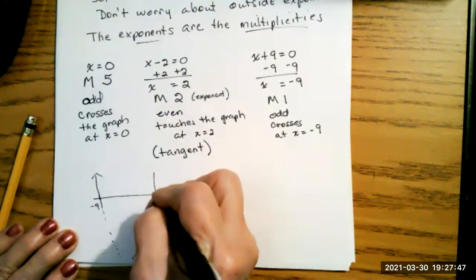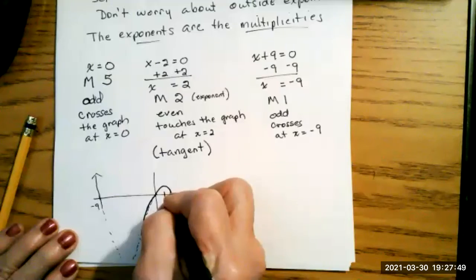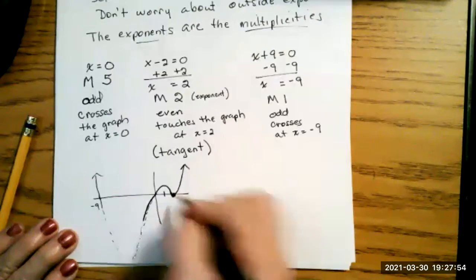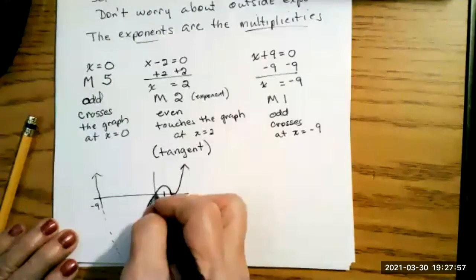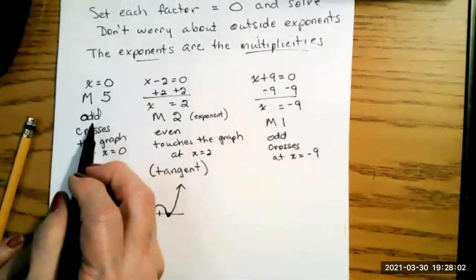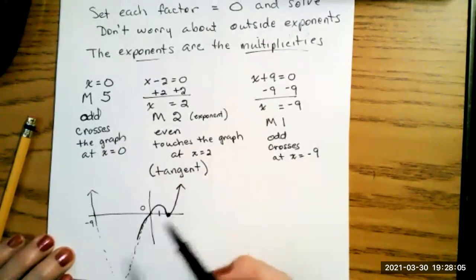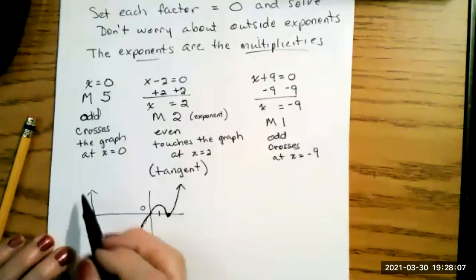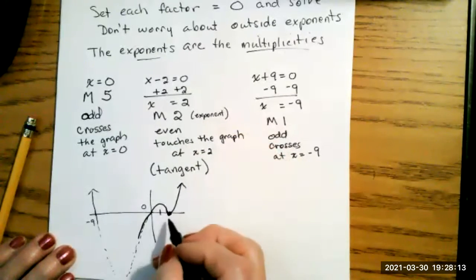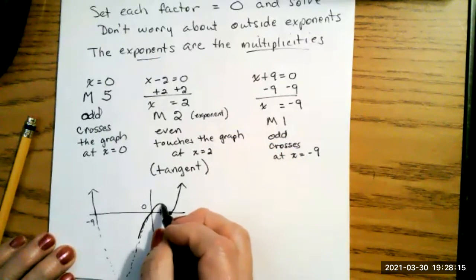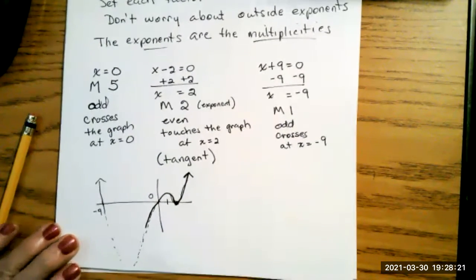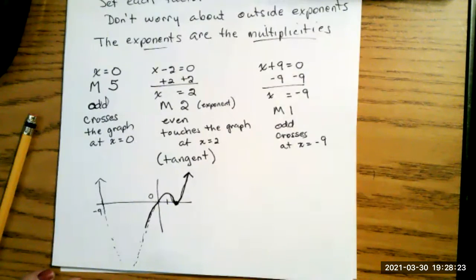And then it's going to come up and it comes down and just touches at 2. See how it just touches there? It crosses at 0 because that multiplicity is 5, which is odd, makes it go through the graph. 9 was a 1, which is odd, so it goes through the graph. But at 2, the multiplicity was even. It was a 2. When it's even, it comes down and just touches the graph, which is called tangent. So that's the way the graph looks.